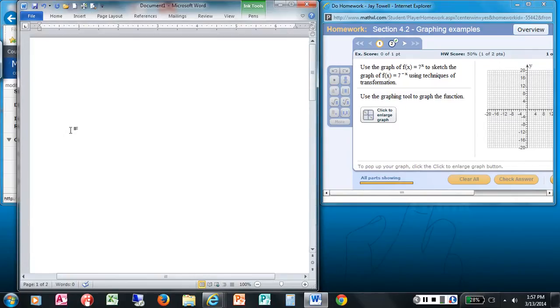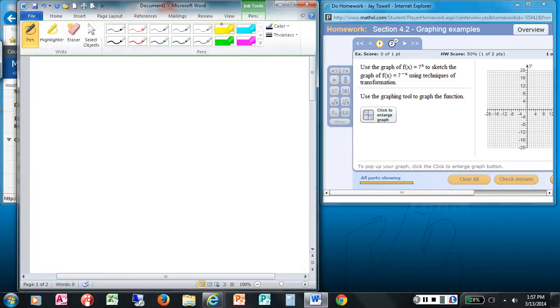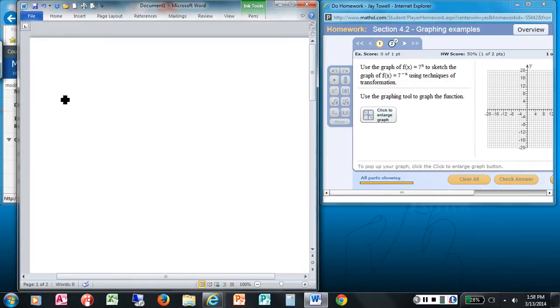It is the decreasing hockey stick, like this. For f of x equals 7 to the minus x.